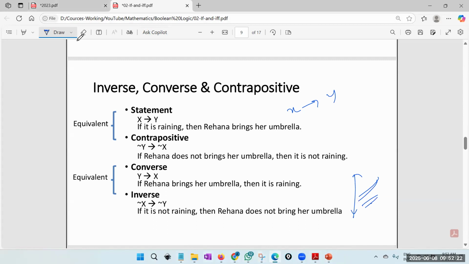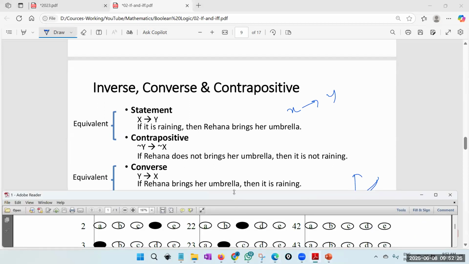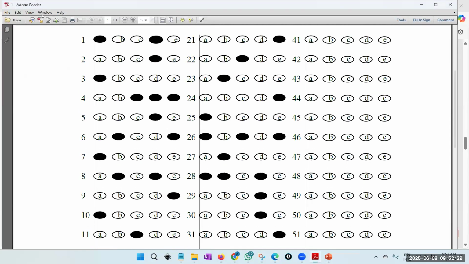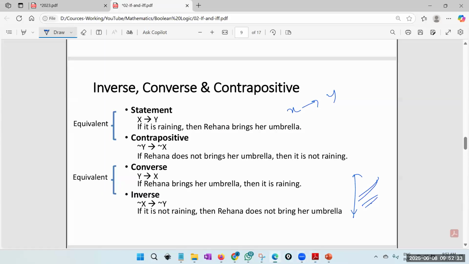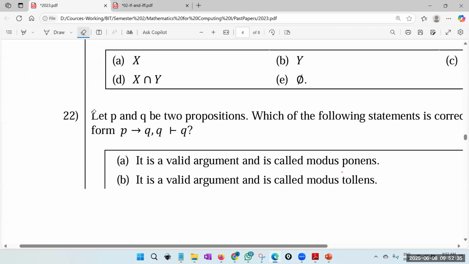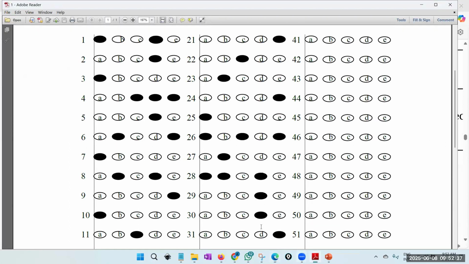So let me mark that also. 22. Sorry, 20. Yeah, 22. I don't agree with this answer. Not only me, ChatGPT also. Okay. Right, so this one.